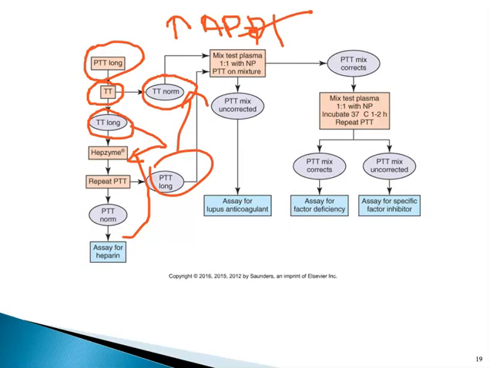We mix the test plasma, our patient, with normal plasma or normal pooled plasma on a 1-to-1 ratio. And then we run an APTT on that mixture.